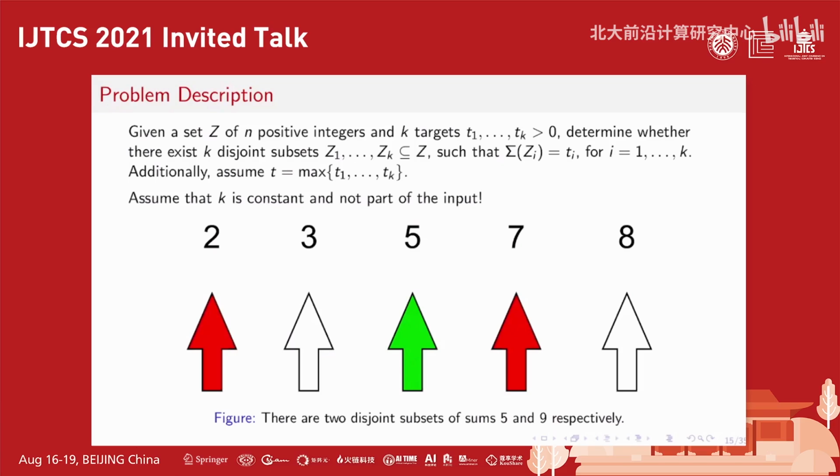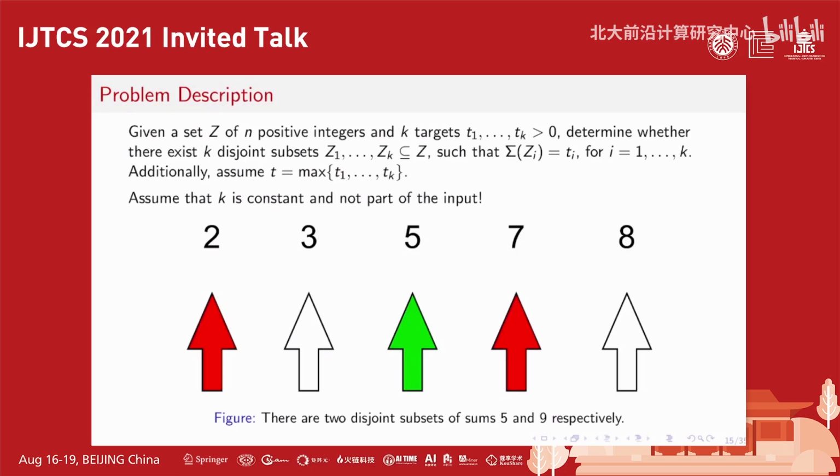We are given an input set of n positive integers and k targets t1 to tk, all positive, and we seek to determine whether there exist k disjoint subsets z1 to zk, such that the sum of the elements of zi equals ti for all i from 1 to k. Additionally, we assume that t is the maximum of all the ti's. Furthermore, we assume that k is constant and not part of the input.